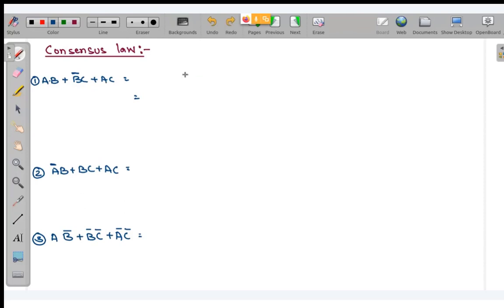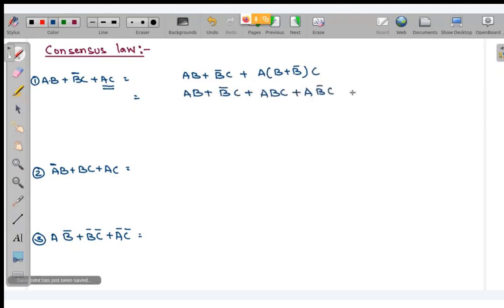So see here very carefully. AB plus B bar C plus this one. Please take AB, A bar, C together. Yes, we will do. Look over here. So this one I can write like this: B plus B bar into C. So this is AB plus B bar C plus ABC plus A B bar C. Hopefully this time we will be able to do it.